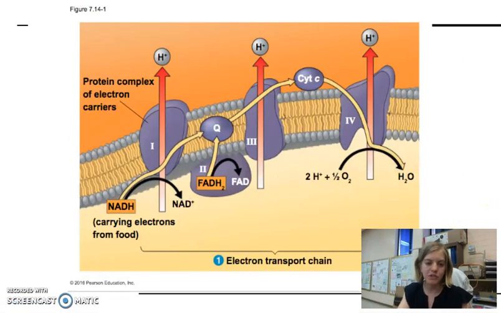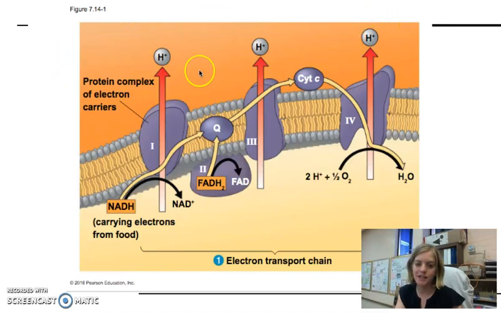So this is a closer look at the ETC. And a couple other important things to note is that our NADH and FADH2, once again, they're passing off those electrons, and they move through the electron transport chain. And each time they do that, we get positive charge coming out. These are our protons. And there's no place for these protons to go.